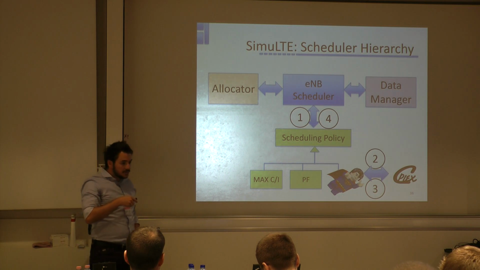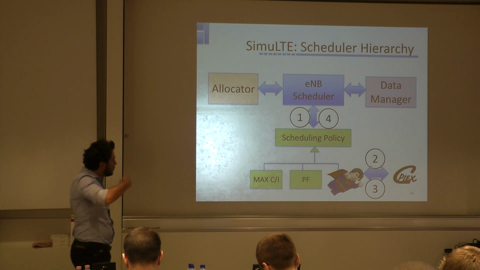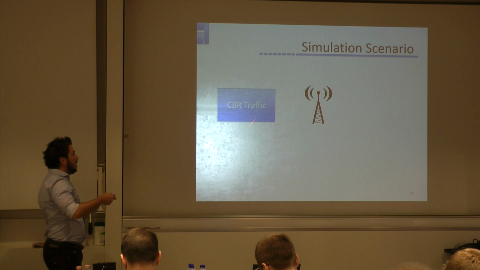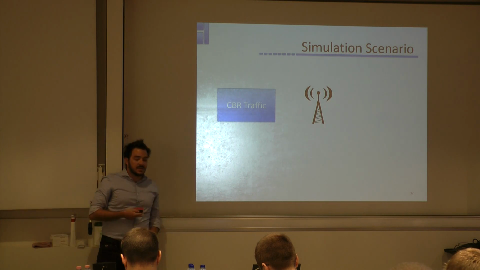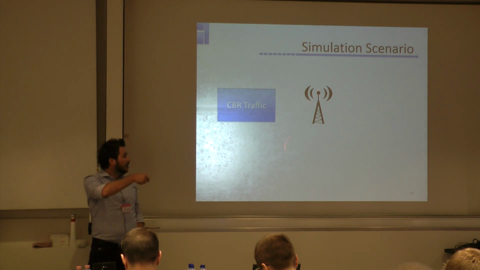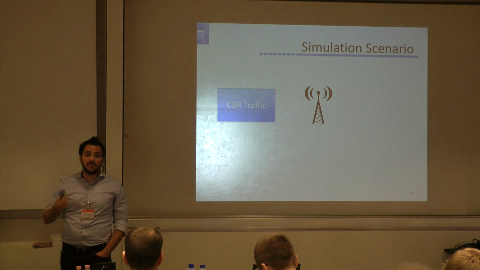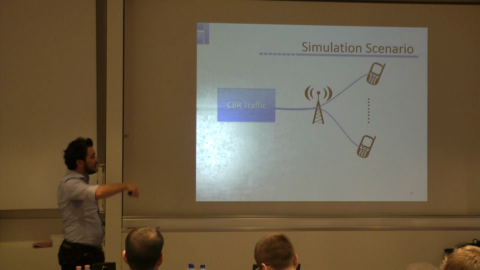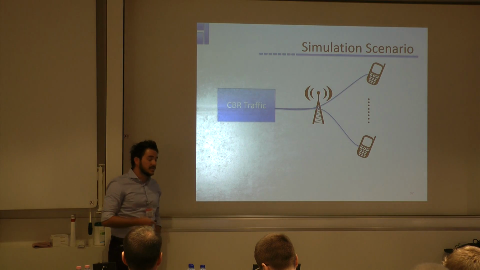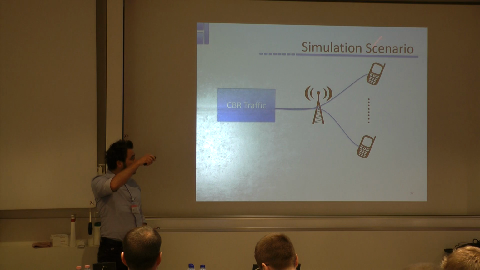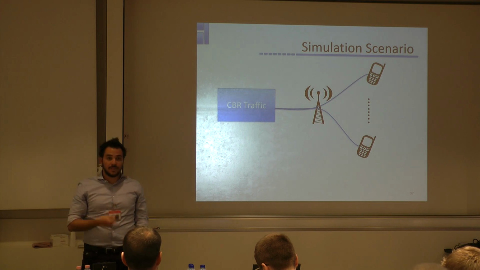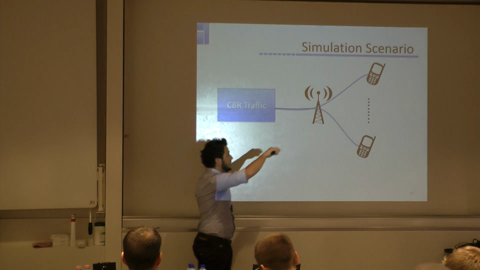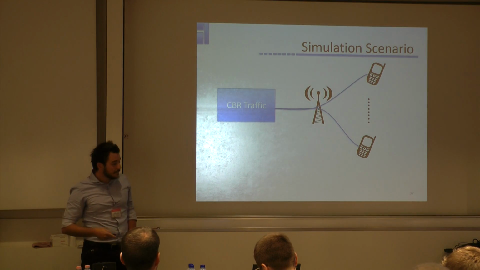So once we are in this situation, we can try to look at a real example. I tried a scenario with one node B that receives traffic from CBR sources and has a configurable set of user equipment that are receiving data from the CBR source. And in the middle there's the SimuLTE model.